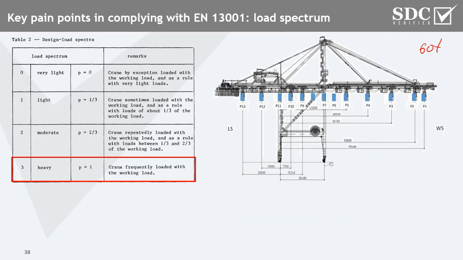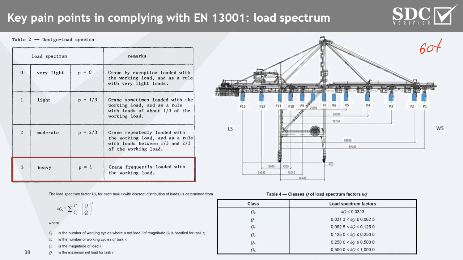But the reality is that we have different container sizes, different content, different occurrence, and in practice this results in a lower equivalent hoisting load. So determining the load spectrum factor is a key parameter here as well, and EN 13001 of course defines this characteristic as well.